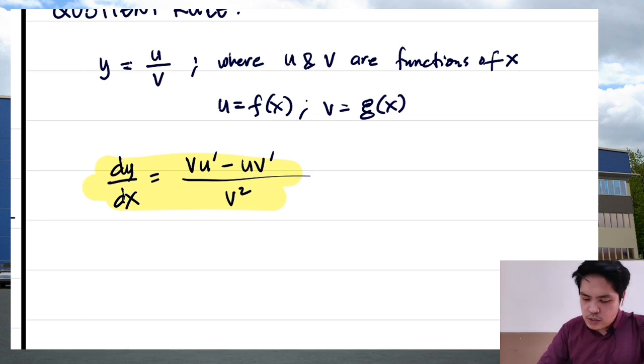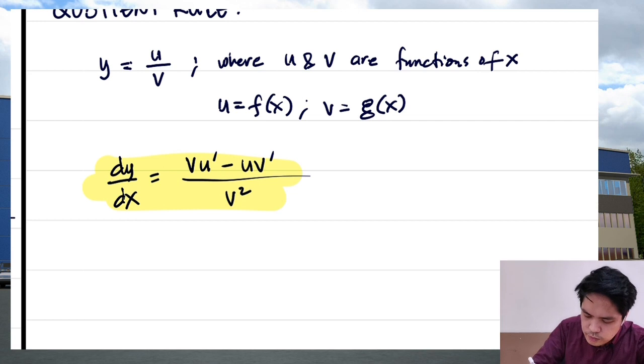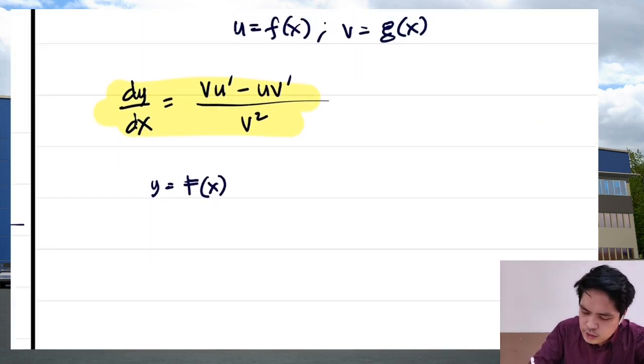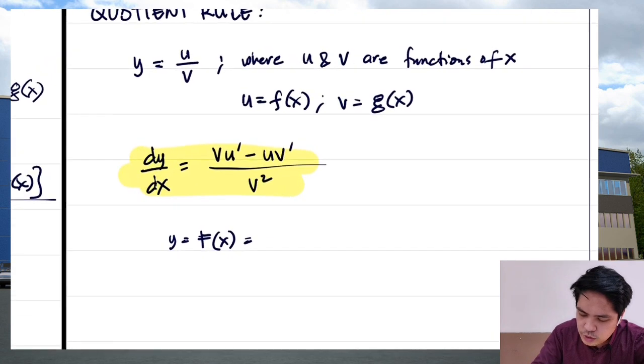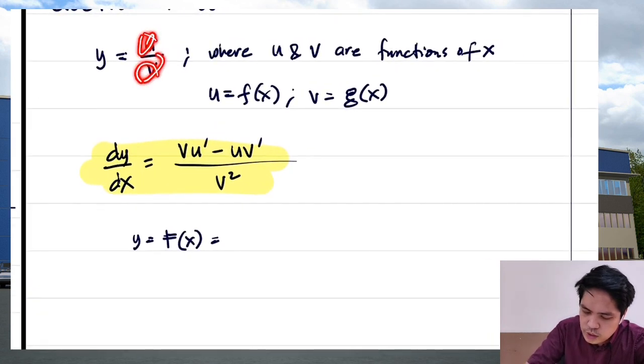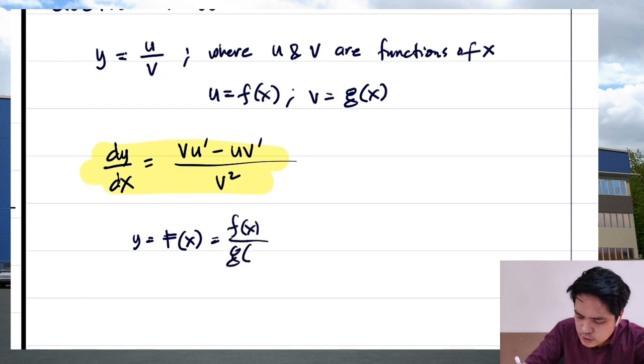Now, to prove this, we'll go back to the definition of the function. So, if we have, let's say, y is equal to capital F of x. Let's use capital letter na lang. And that is equal to, eto na, u over v, which is small f of x over g of x.